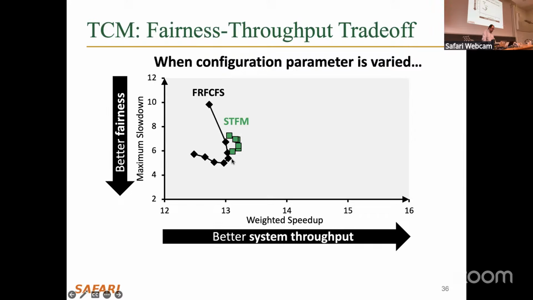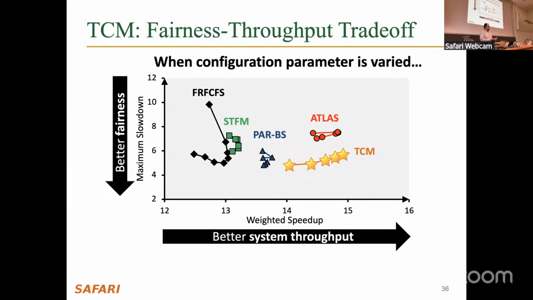The thing is that it's very hard to reason about this by changing the parameter. STFM also has some parameters, and when you change those, you don't get a technique where changing parameters shows a clear trade-off. However, in TCM, by changing parameters like the alpha, you can see a nice trend, which the operating system, for example, can use to manage TCM better.